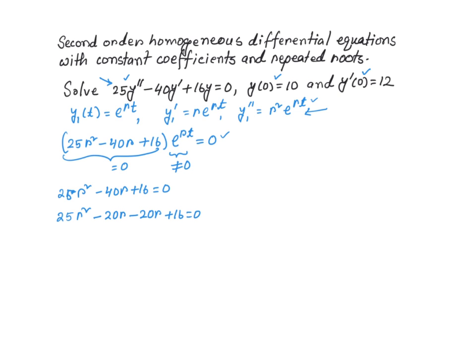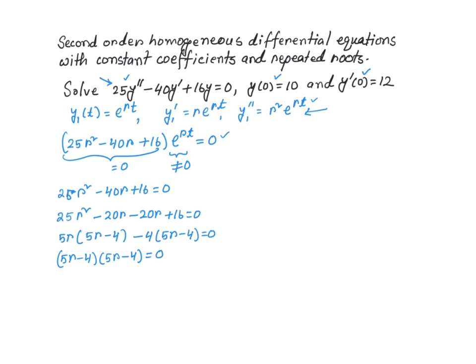Then I could factor out 5r from here, and that's going to give me 5r minus 4. I could factor out negative 4 here, and that's going to give me 5r minus 4. So (5r minus 4) times (5r minus 4) is equal to 0.